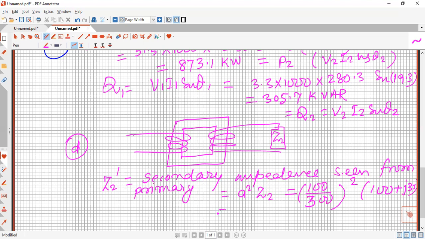Just solve it and we will get its value, which is 11.11 plus j3.89. It means if we connect this much impedance on the primary side, this real and reactive power would be the same. Okay, thank you very much for watching this video.